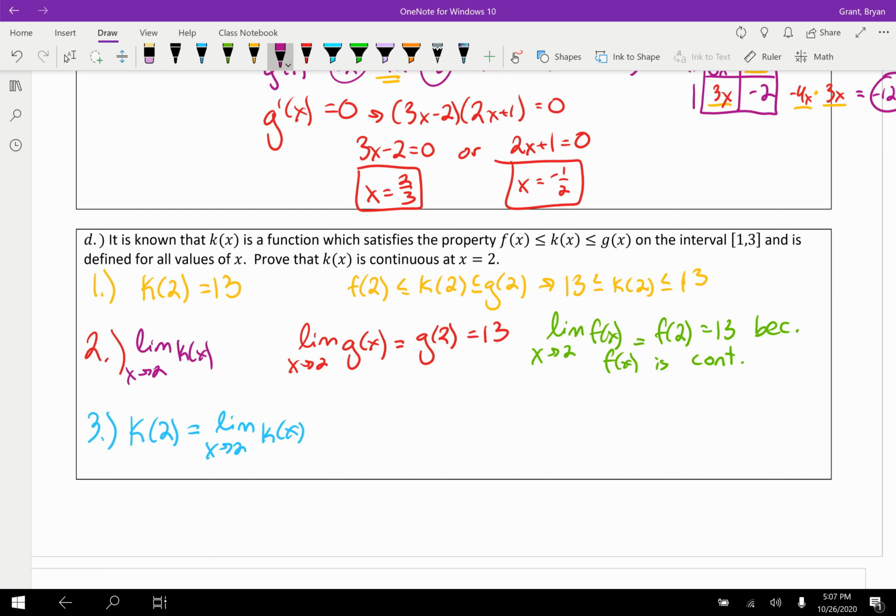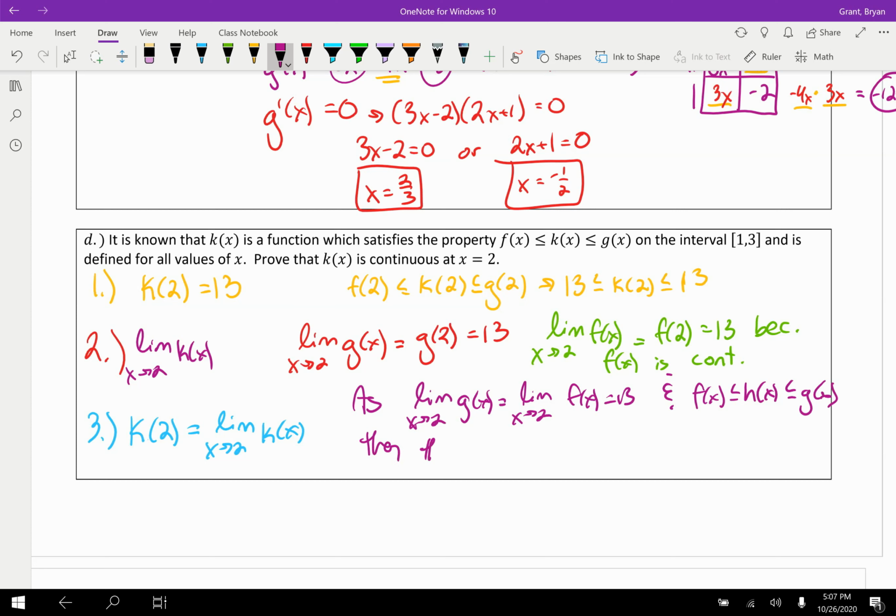So I would say something like, as the limit as x approaches 2 of g of x equals the limit as x approaches 2 of f of x, both equal 13, and f of x is less than or equal to h of x, which is less than or equal to g of x, then the squeeze theorem guarantees that the limit as x approaches 2 of k of x also equals 13.